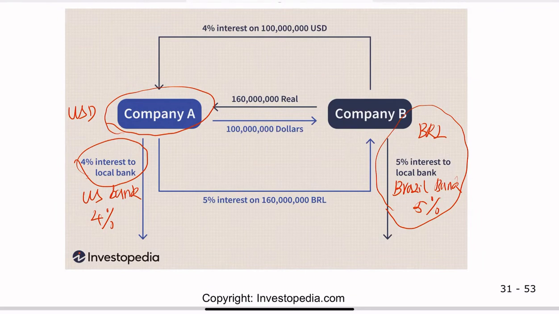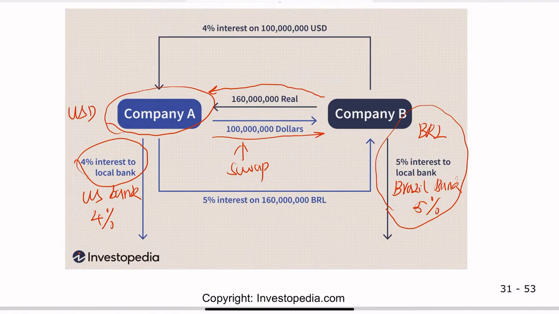It would basically give the money it borrowed from the bank to firm B. And then firm B will give the Brazilian real to firm A. So this is essentially a swap, right? And additionally, you have to consider the interest payment.